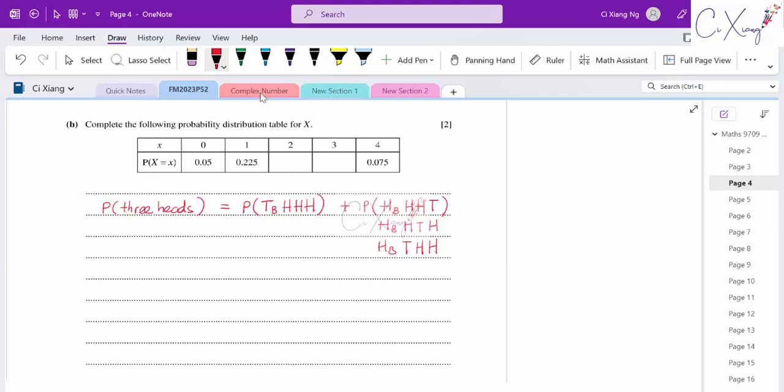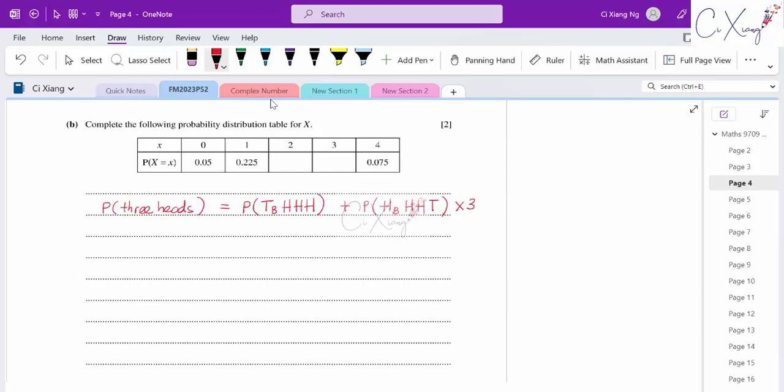So we have 3 results here, therefore I have to multiply with 3. These are the possible cases that we have 3 heads and 1 tail in throwing 4 coins.